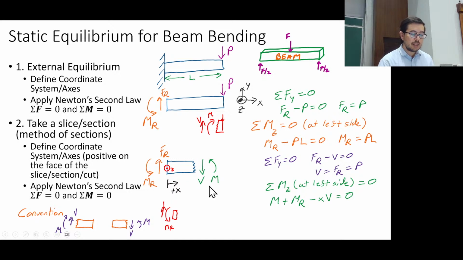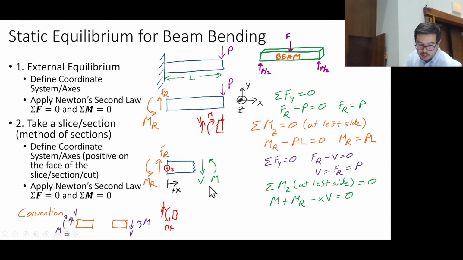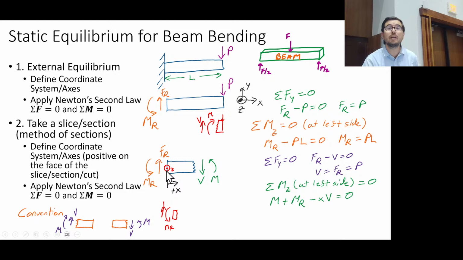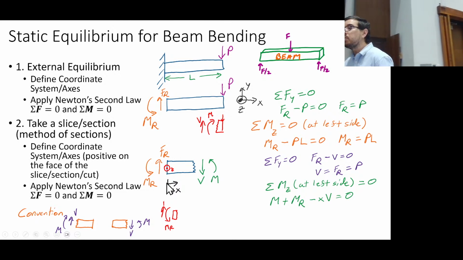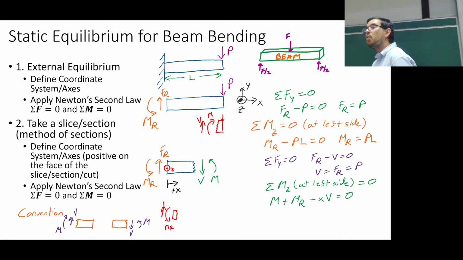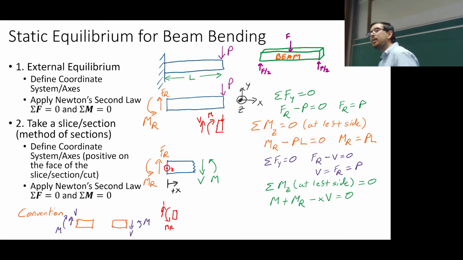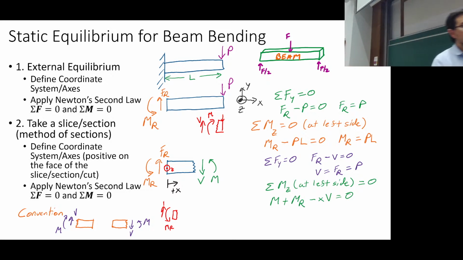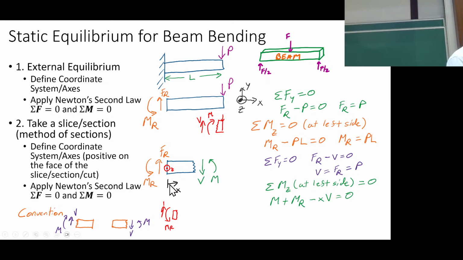Z, the dot in it, means it's coming out of the board. But the moment that's being applied by the V is going to be minus the length to this location. So X really is going all the way out to there now. That's the X.